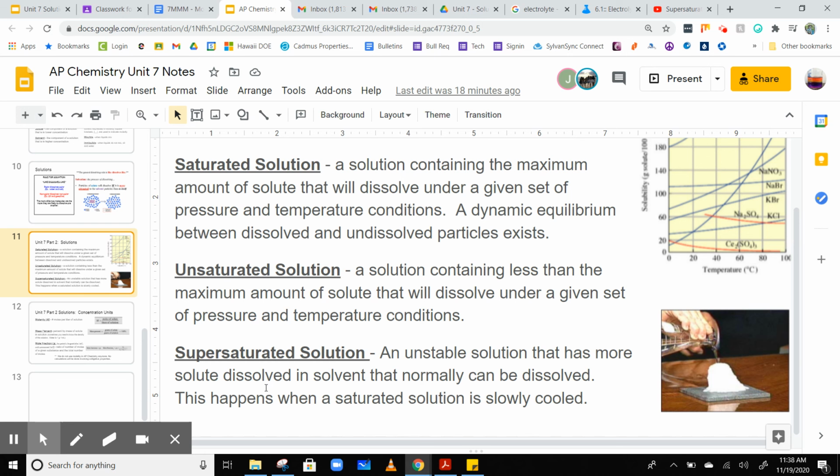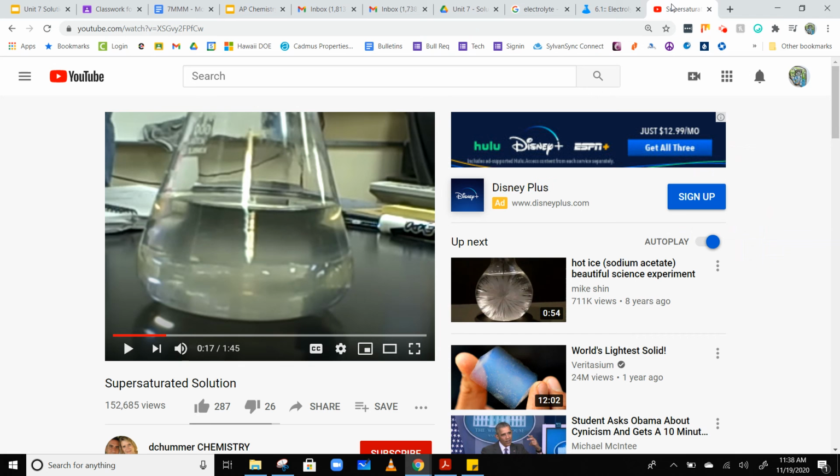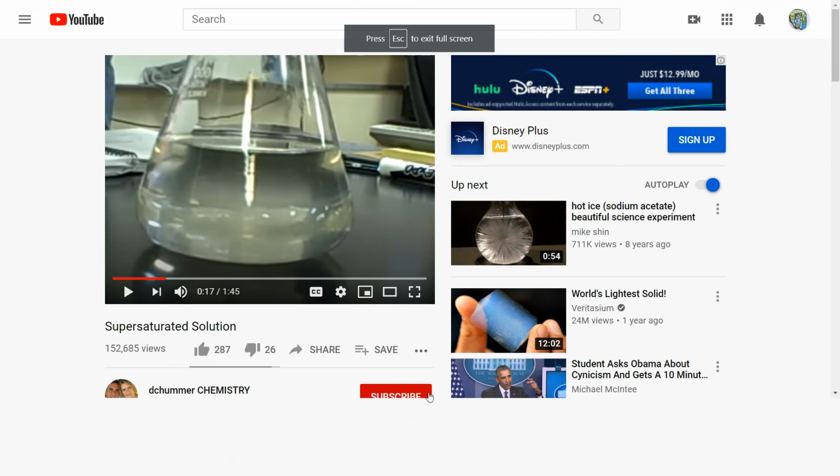This is an unstable state. It's very, very unstable. Something as simple as moving it, shaking it, stirring it, touching it, will cause it to come out of solution.